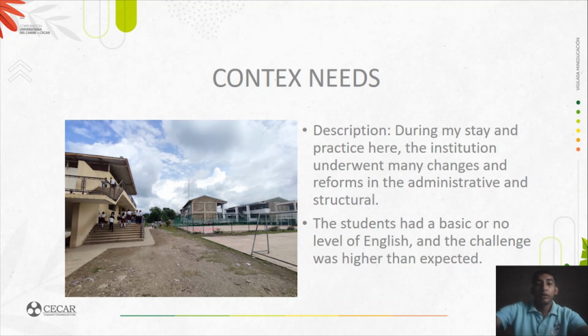Well, the context of needs in the school. There are many needs in the schools. For example, when I stayed in these schools, I could see that the educational institution had many changes in their administrative and structural aspects, and on the other hand, in the academic aspect, the students had a basic or low level of English.